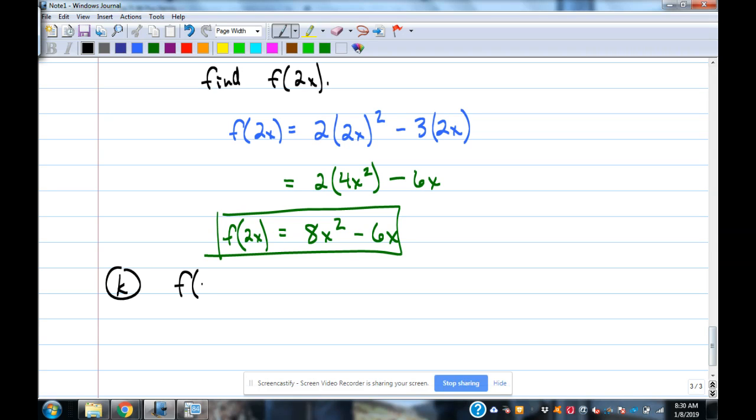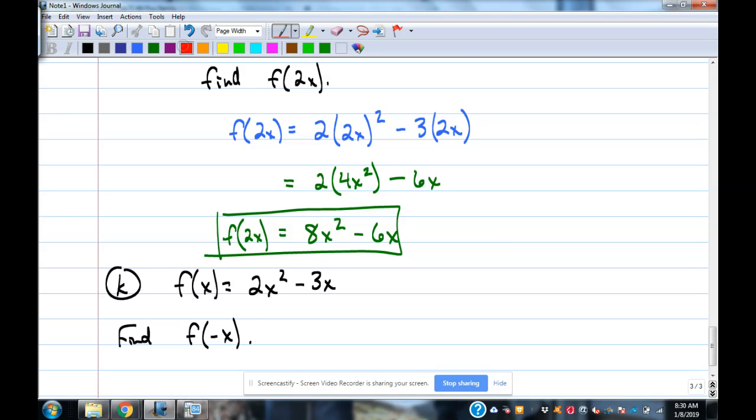Let's take the same function, 2x squared minus 3x, and let's find f of -x. That's an important thing as we progress through the course. There's some tests that we'll do that involve plugging in a -x. So practice doing that.